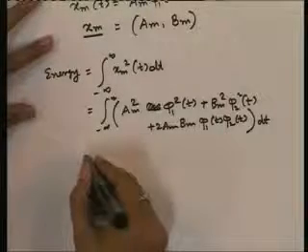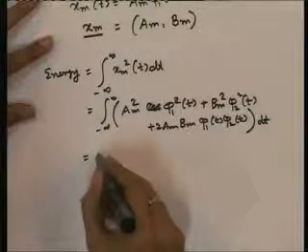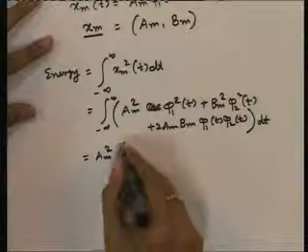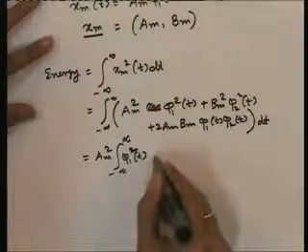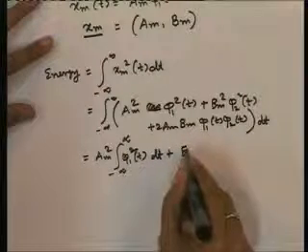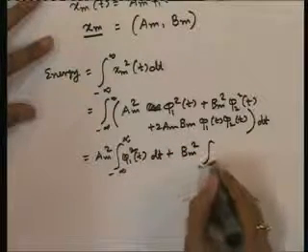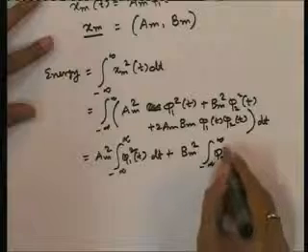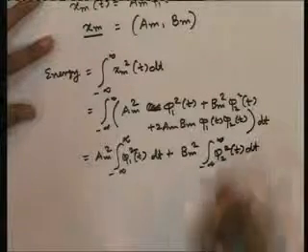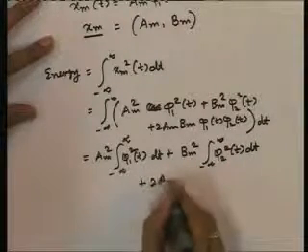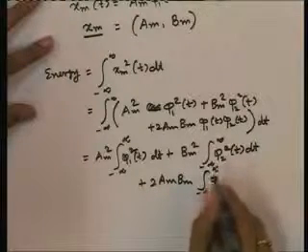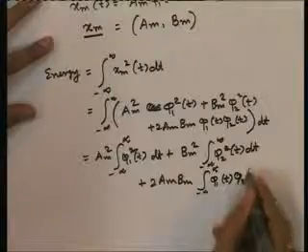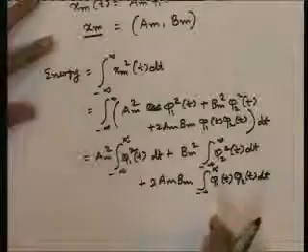Okay. Now this is am square, bm square, then plus 2 am bm integral phi 1 t phi 2 t dt.